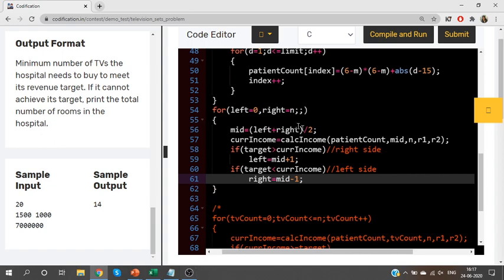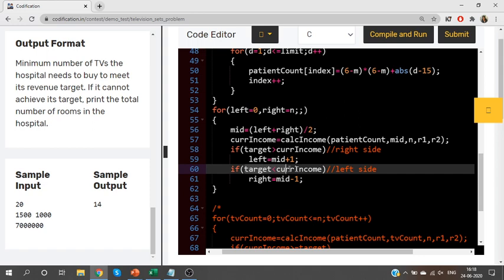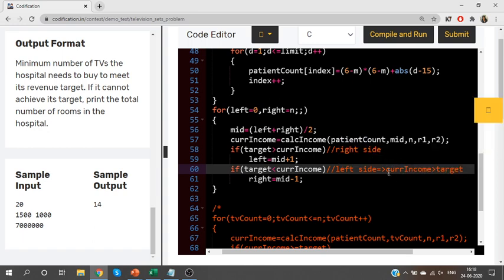So here we are going to use binary search. We calculate the middle value, which will be the TV count. Based on the income, we'll either move to the right side or to the left side. Whenever you meet the target, target less than current income is nothing but current income has become greater than target, which means the target is achieved.